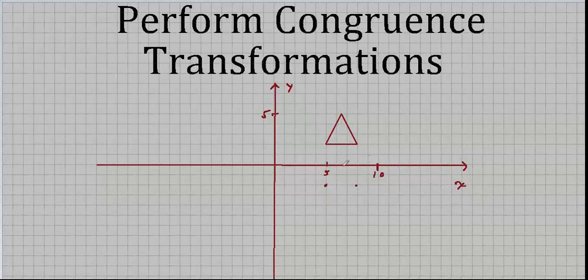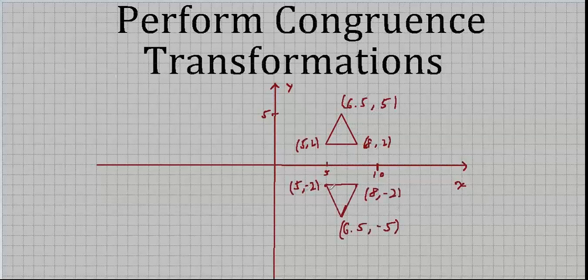And this is 6.5 and minus 5. So I wrote in the coordinates, and you can see exactly what happened as we reflected this about the x-axis. Well, coordinates stayed pretty much the same. We just made y negative.